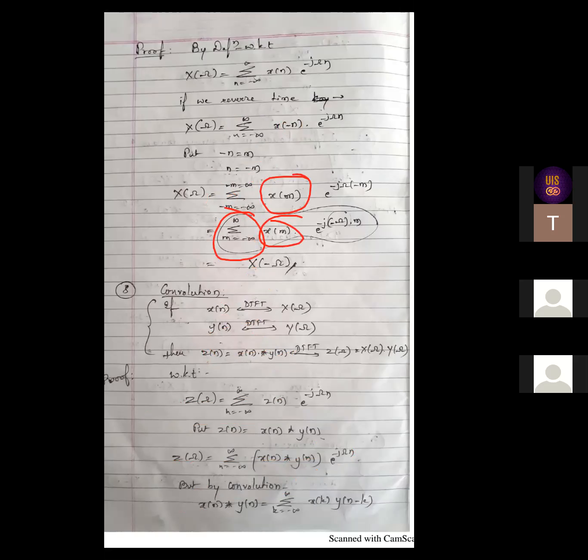Now, the exponential term will be e to the power of minus j omega, and n is now minus m. n will be replaced with minus m. So substitute that n is equal to minus m, and you will get this. Now, in the next step, these two are as it is. A little modification here.